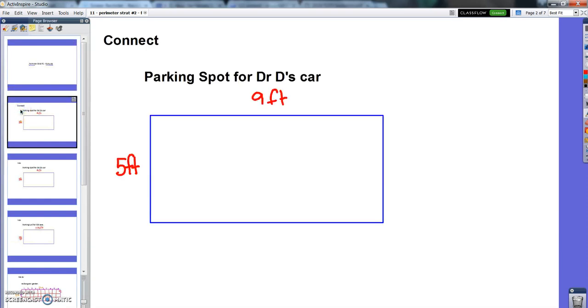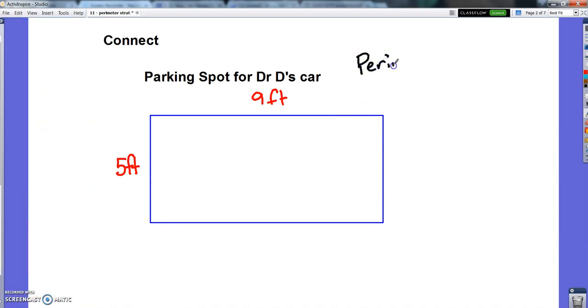Okay. So let me remind you real quick how we did this the other day. We're just going to talk perimeter today, not area. What we did, we partitioned this into its 5 feet, my parking spot. It's 1, 2, 3, 4, 5 feet long.